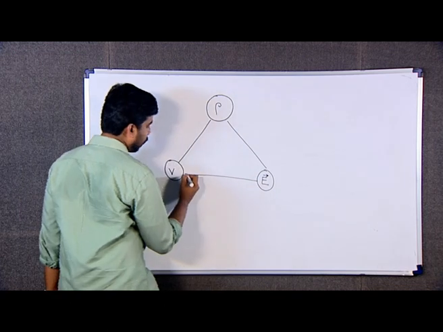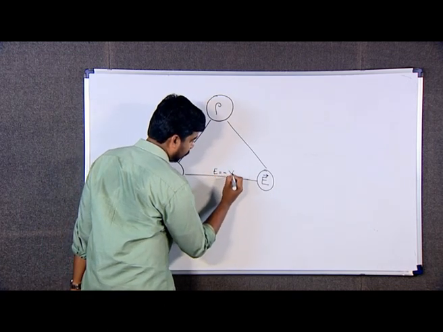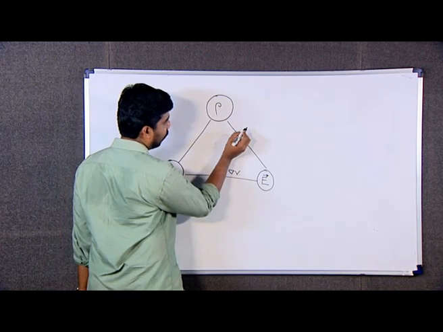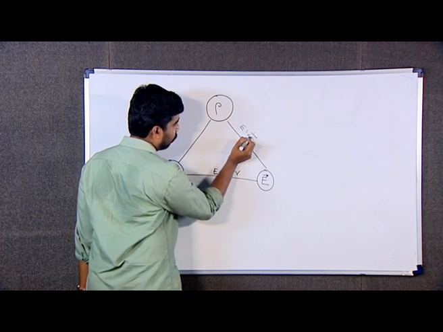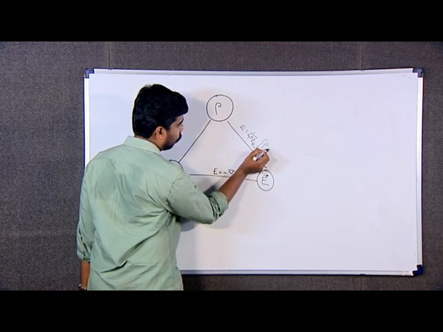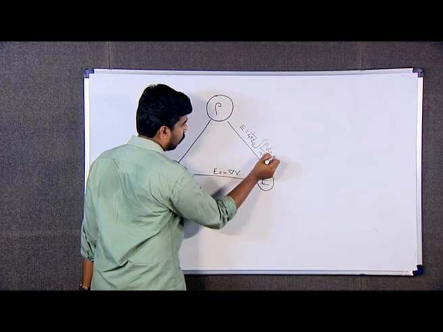So, here E is equal to minus del V. This is the connection between E and V. Another equation: E is equal to 1 by 4 pi epsilon 0 integral rho d tau by r square into r cap.